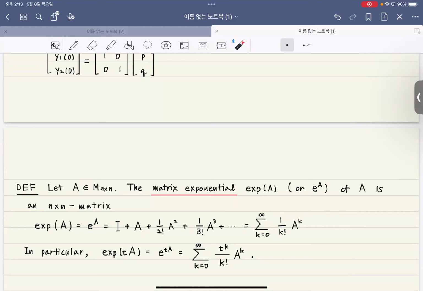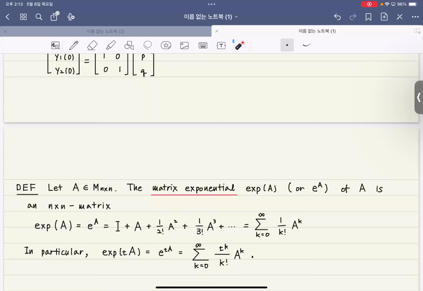Now I can figure out some very naturally arising questions. Does this exist? In order for this to exist, every entry of this matrix must be some finite number. In other words, every entry must converge.